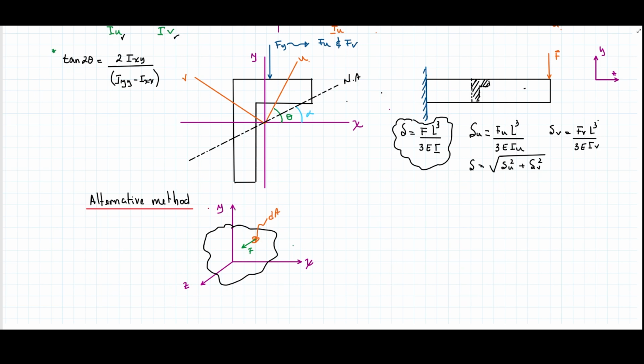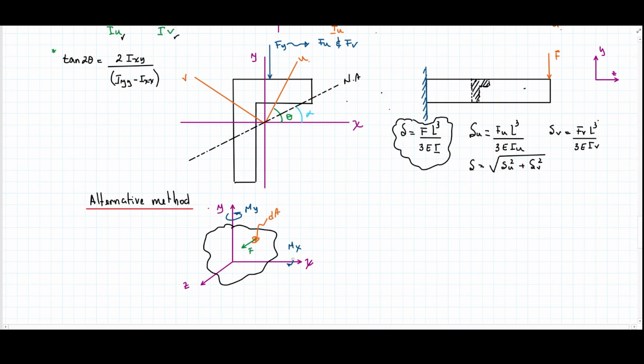Let's assume also that there are a couple of moments applied to this. We're going to have a moment like this, moment y, then one moment like this, moment x. And this moment is caused by this force.